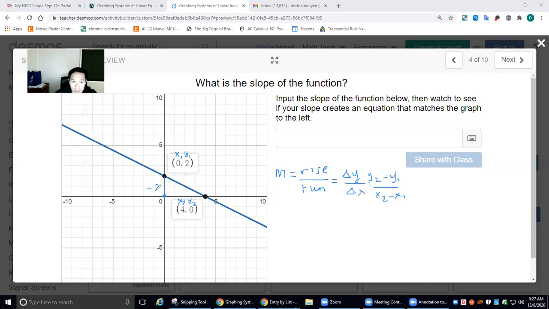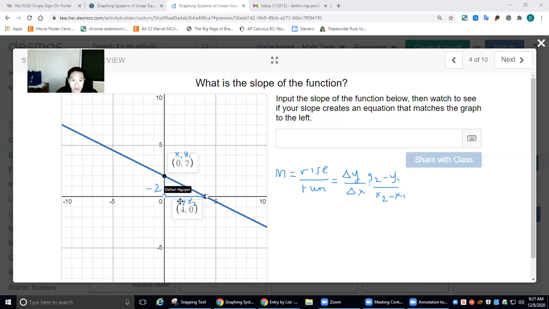So that's why I do -2, because I went from 2 to 0. So I have to subtract 2. Then I move to the right. How many units? How many units did I move to the right, guys? 4. Very good. Thank you, Jerry.